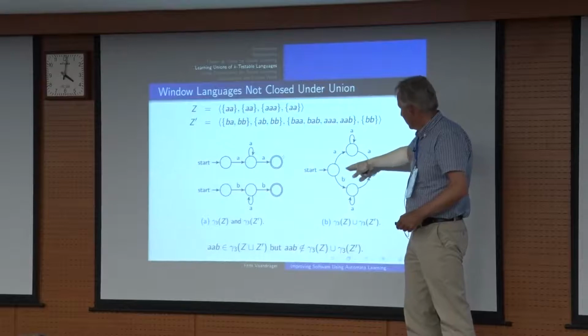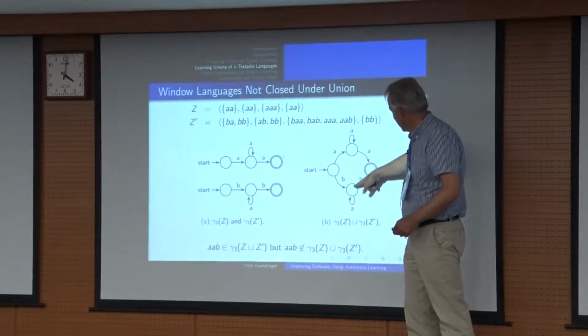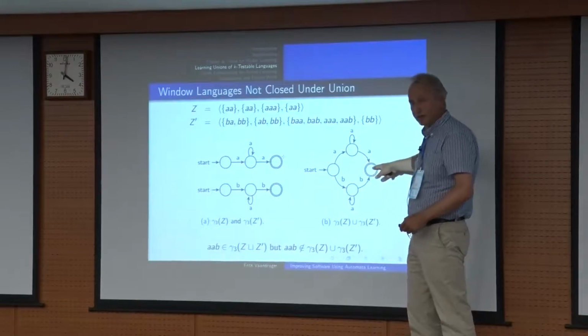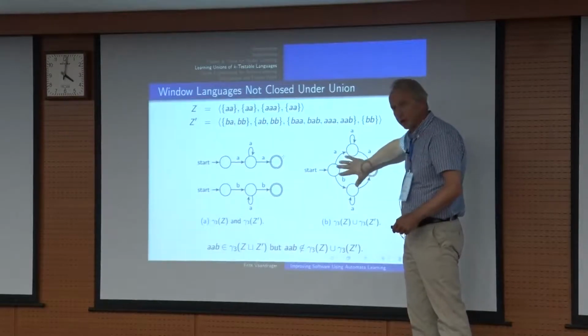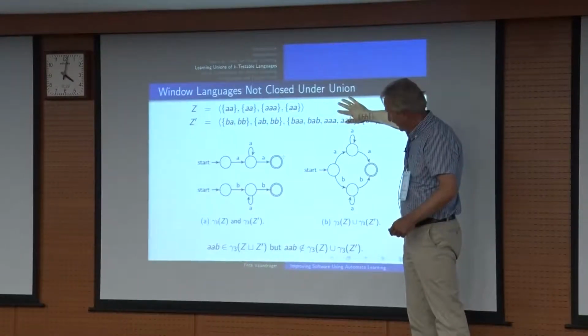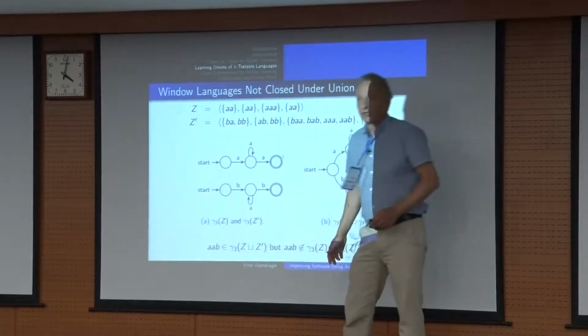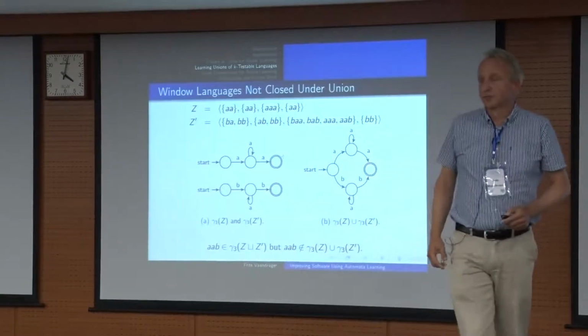And AA is an allowed initial fragment, and AB is an allowed final fragment. So if you take this regular language and you compute a test vector, you get this thing. And then if you compute the language for that test vector, you get the smallest k-testable language which contains these segments, and you get this one. So they're not closed under union.